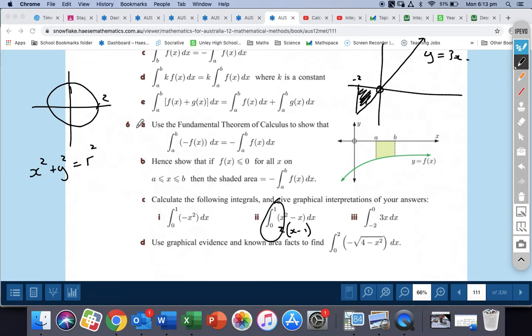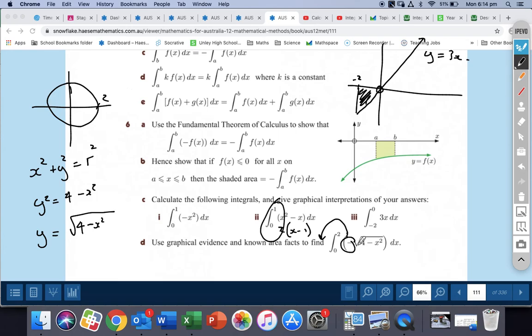If I start doing some rearranging, y squared equals 2 squared, which is 4, minus x squared, square rooting. For this one, I think what I'd do is pull the negative out of the integral. But you should be fine with that question.